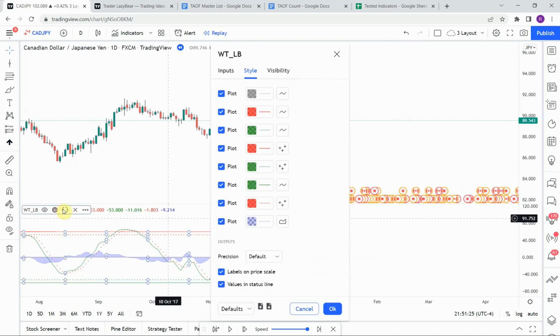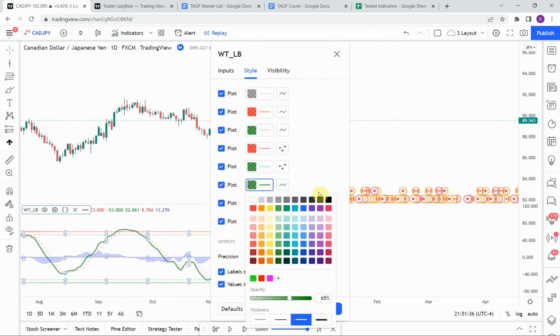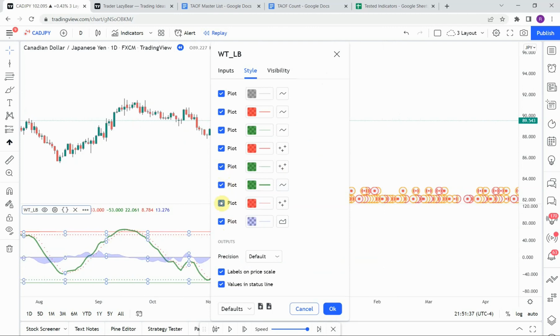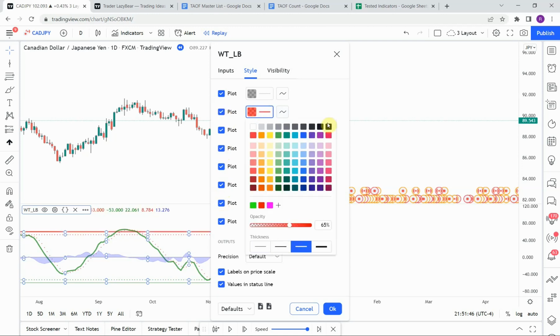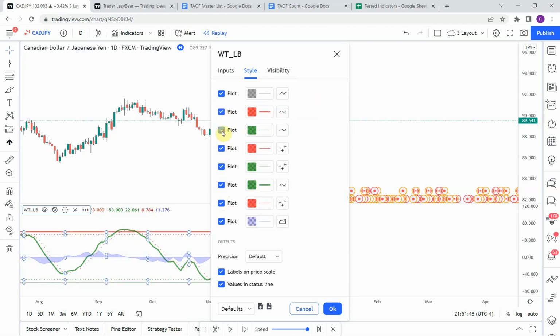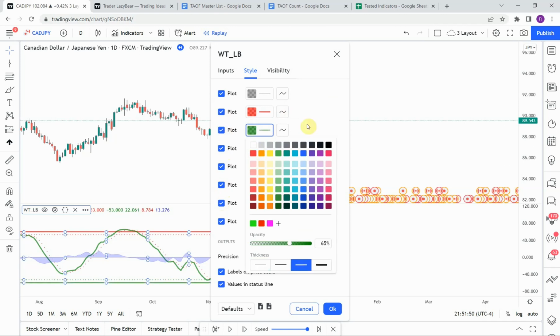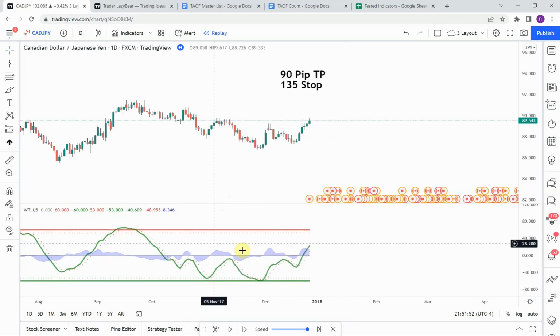Those are indicating our most favorite zones, which are the overbought and oversold areas. Let's see if we can bump up some of the weights just so that it's a tad bit easier to see. And so there we go.